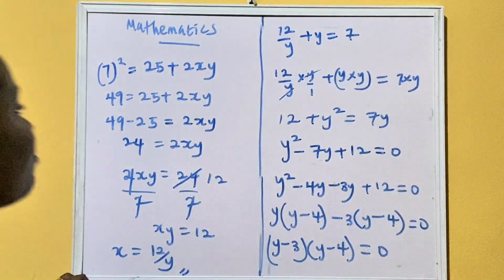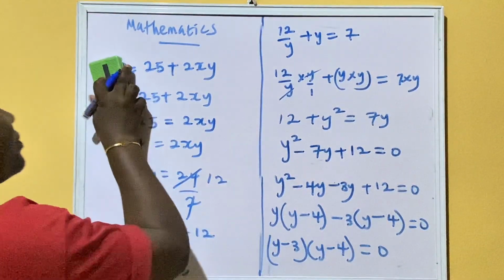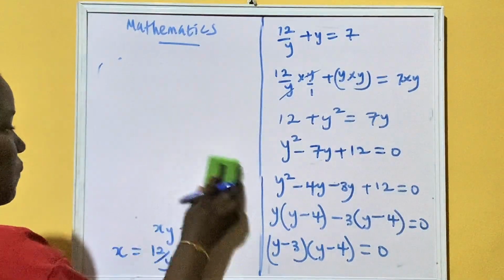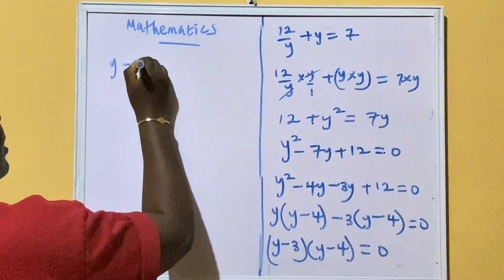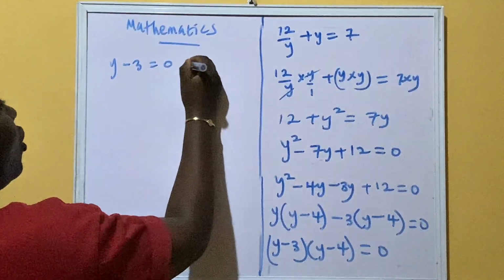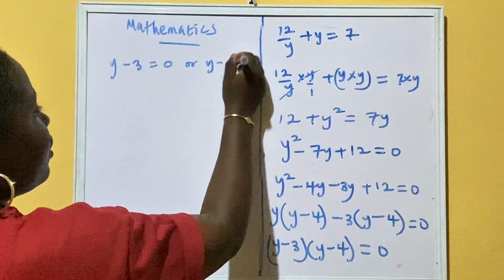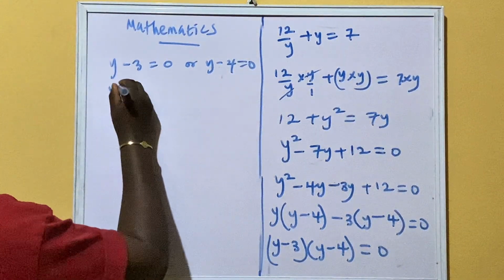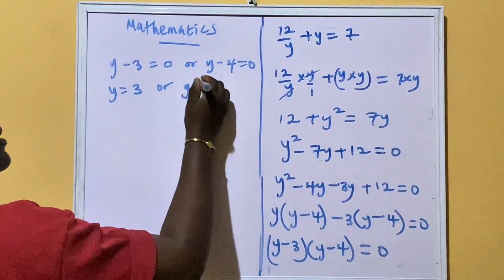So y minus 3 equals 0, or y minus 4 equals 0. So y is equal to 3, or y is equal to 4.